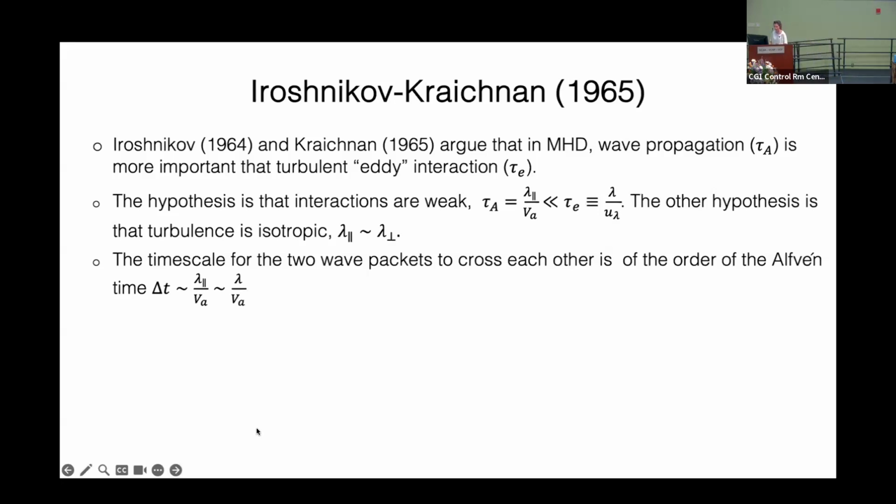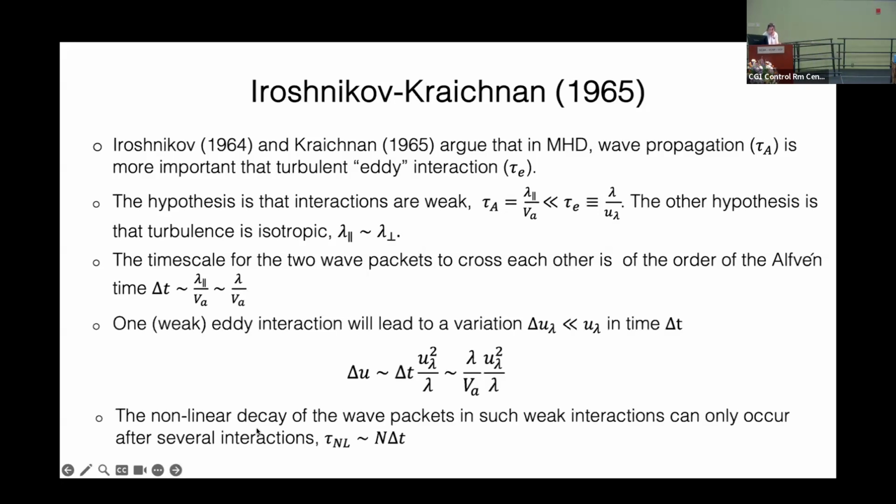That's the hypothesis. During one of these interactions, there's going to be a variation of the velocity, delta u, equal to delta t u squared over lambda. This comes from the momentum equation: delta u over delta t is of the order of u dot grad u.